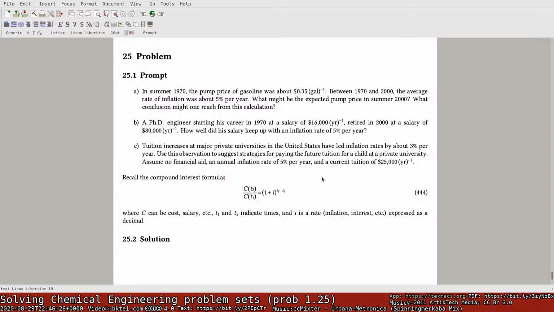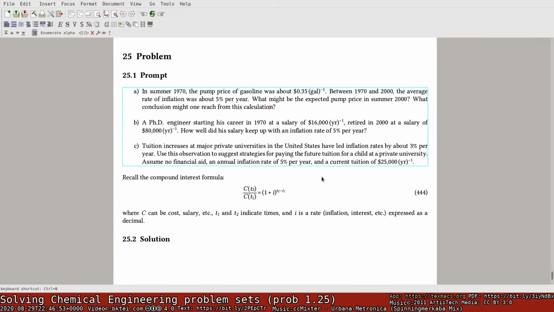Okay, this one seems fairly straightforward. No regression this time. I think it just seems like middle school algebra, to be honest. Now let's go. So part A. We're given an initial pump price and an inflation rate of 5% per year.